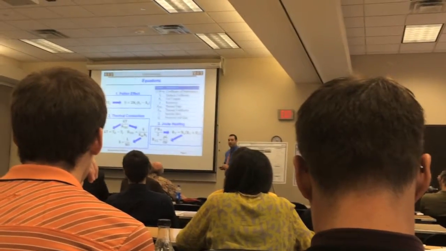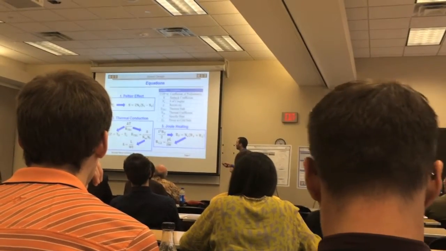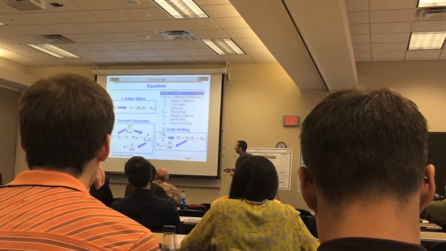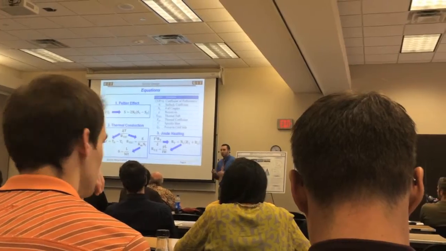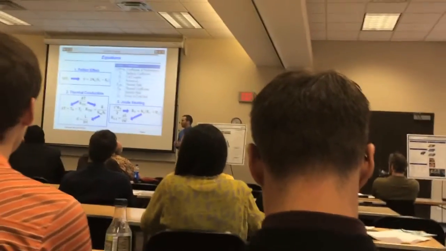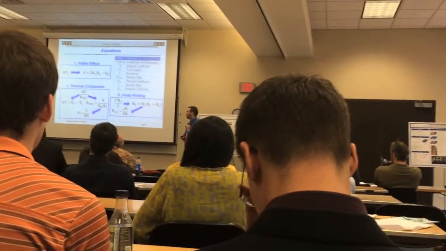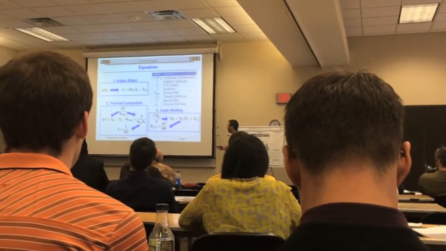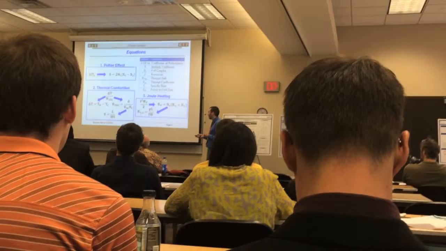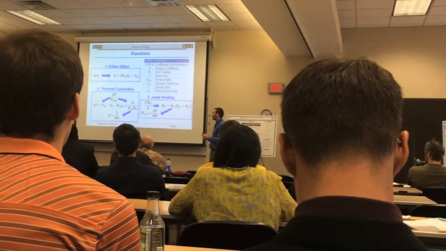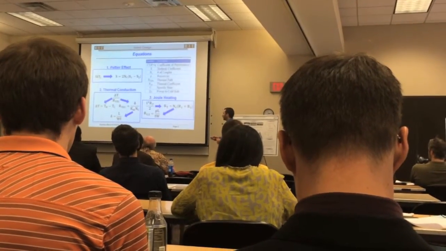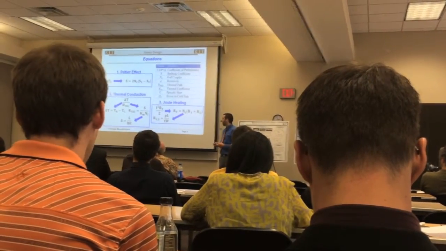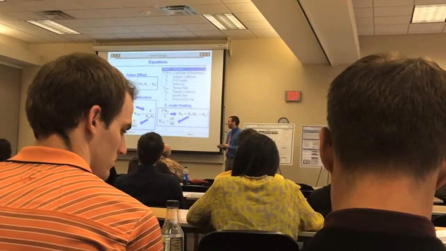So this is just a little more in depth on the equations. Here's the Peltier effect. The Seebeck coefficient is a combination of those two materials, so you're looking for a big difference in Seebeck coefficient between the materials. And then the thermal conduction, which involves the geometry of the thermal device from one side to the other, and the thermal conductivity of each of the materials, which is a big part of deciding which materials you want.